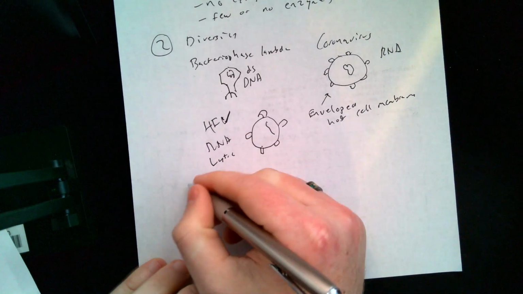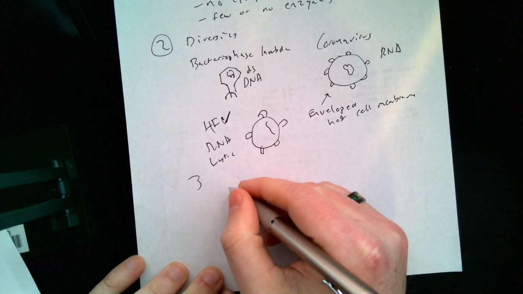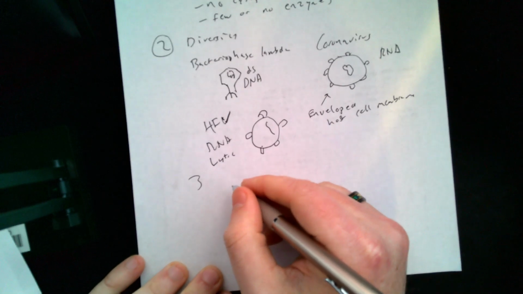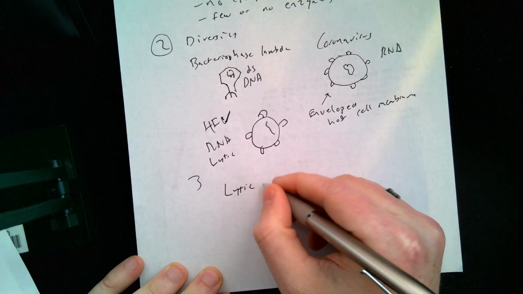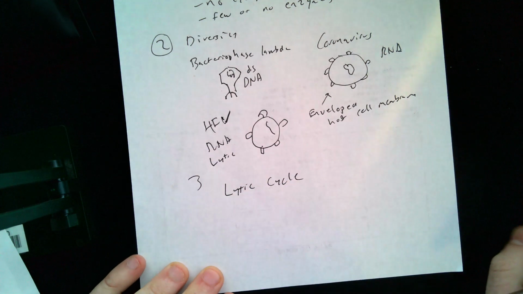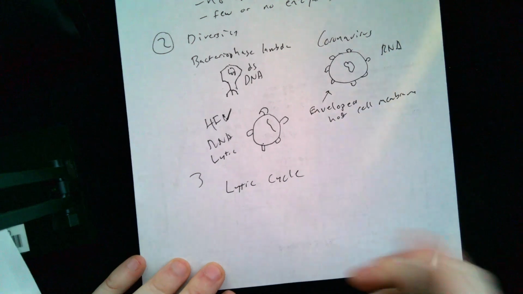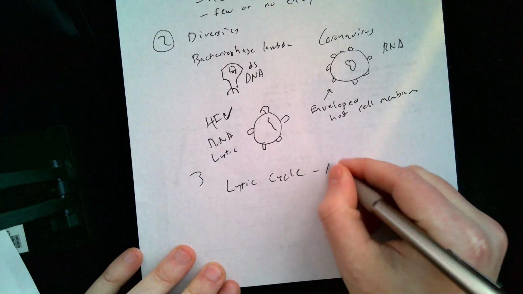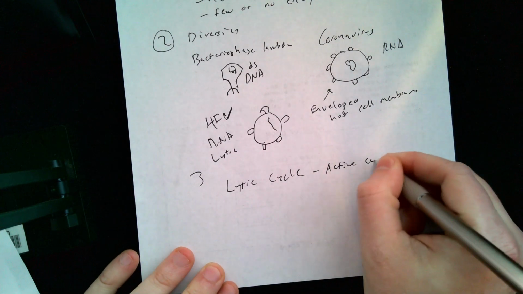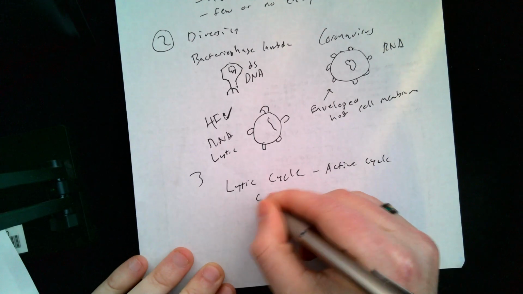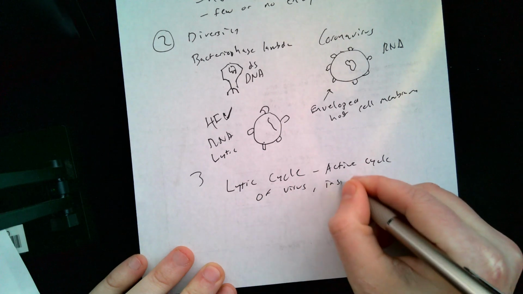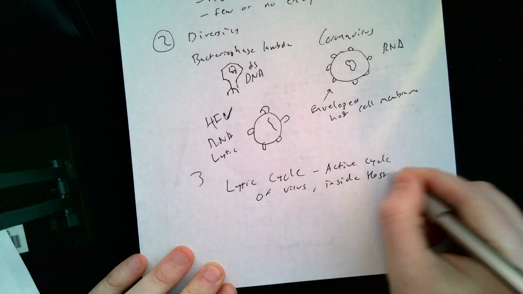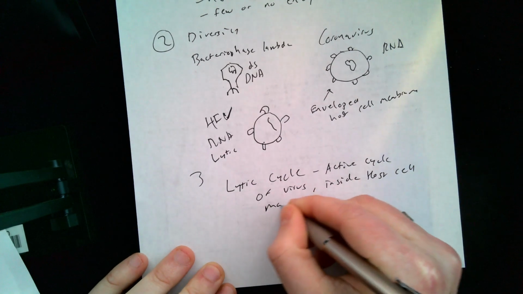So right now, it's standard 3, the lytic cycle. This is the active cycle of the virus. This is when it's inside a host cell, making more copies.